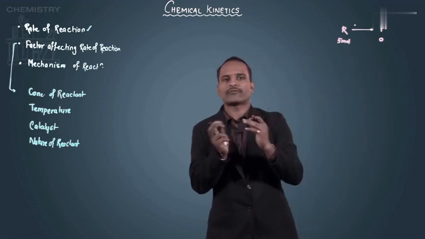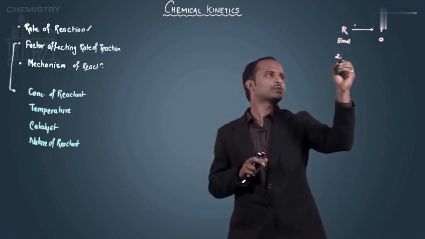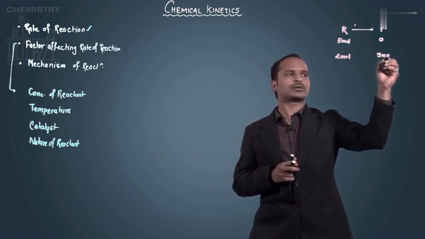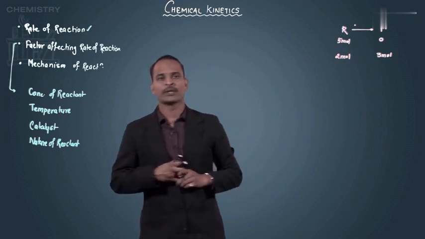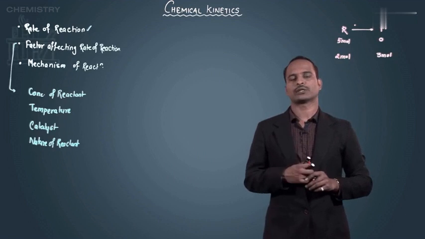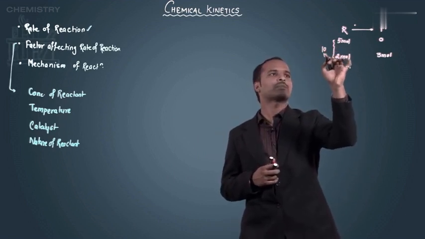What I observed is that after 10 minutes the reactant amount has been reduced to 2 moles. So 3 moles of reactant has been consumed, and the expected number of moles of product is also 3 moles. And this all happens in 10 minutes.